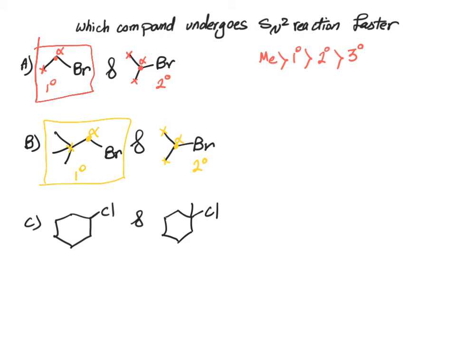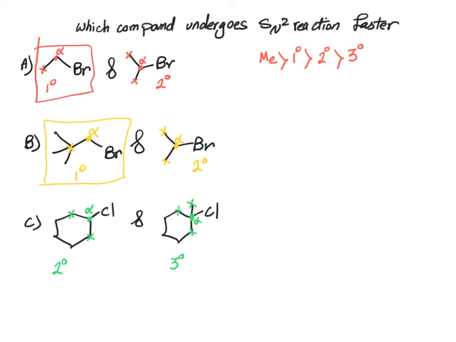In C, the first compound is a secondary substrate because the alpha carbon is bonded to two other carbons, two alkyl groups, and a hydrogen. The second compound is tertiary because this alpha carbon is bonded to one, two, and three other carbons.